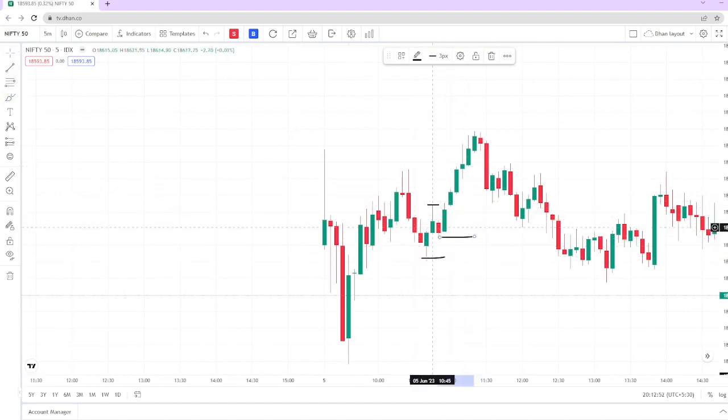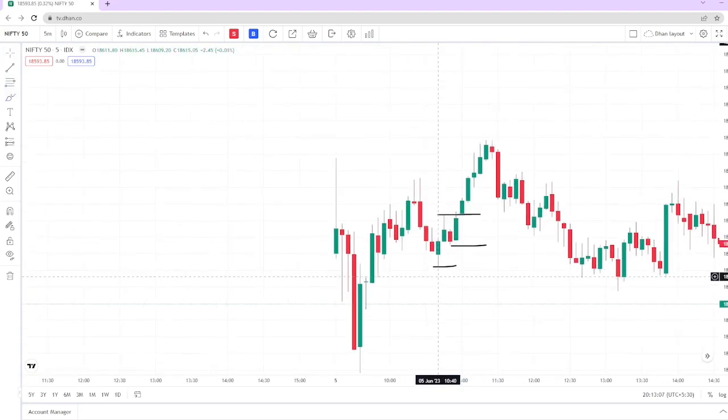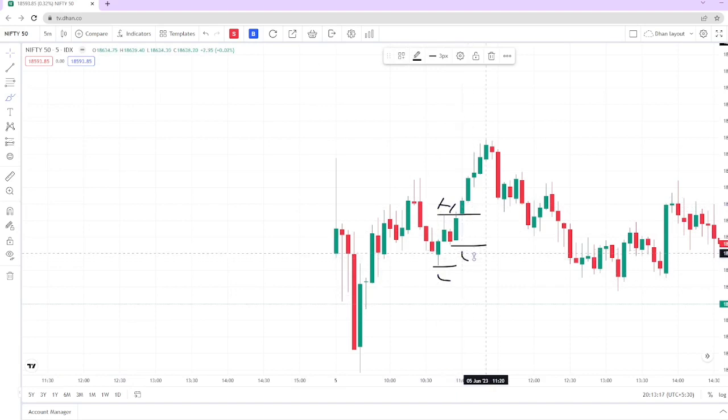So traders, this is our low, this is the high, this is the lower high, oh sorry, it's a higher low, and as soon as the market breaks this high, we can conclude that the market will form a higher high.